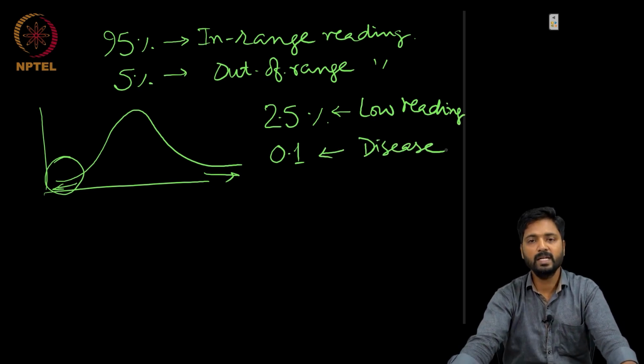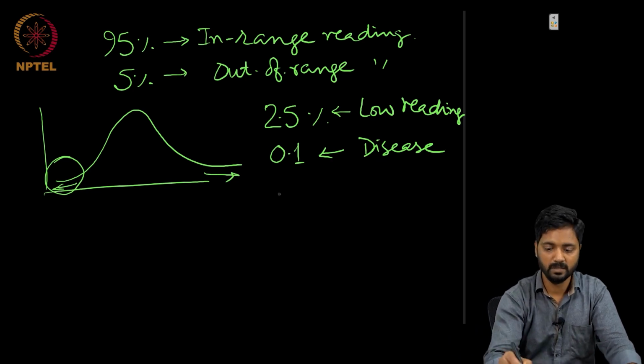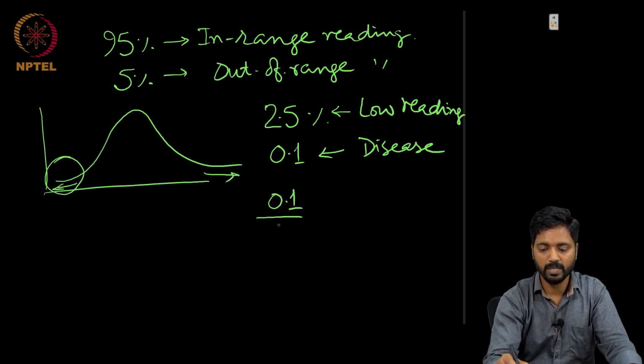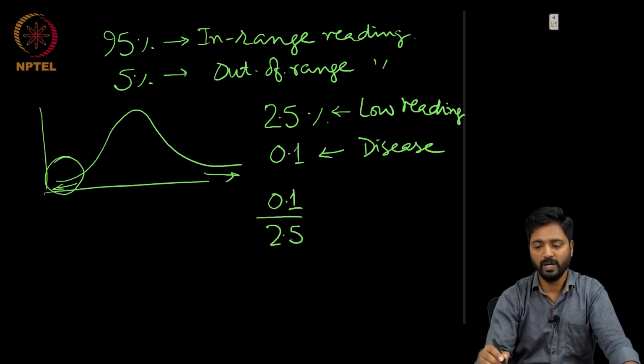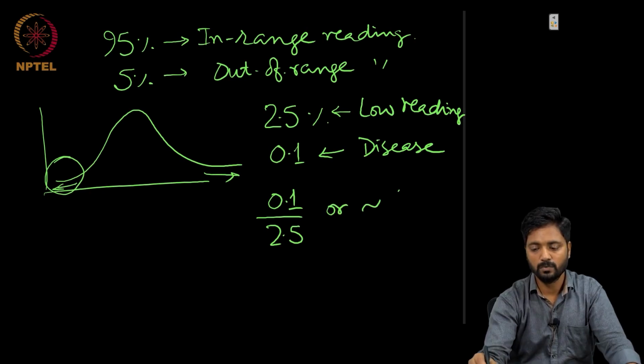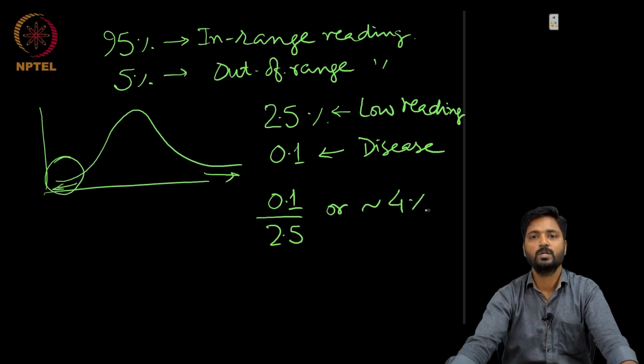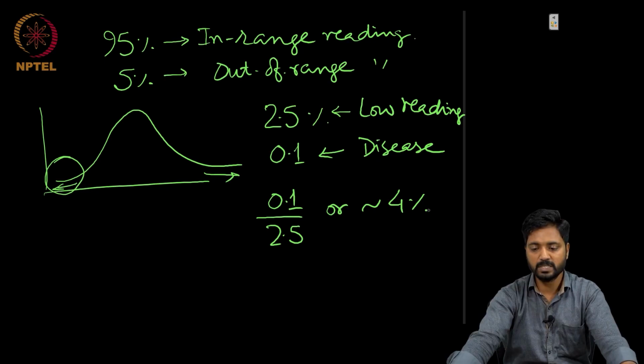So the probability of a person giving a low reading and also having the disease would be 0.1 by 2.5, or around 4%.